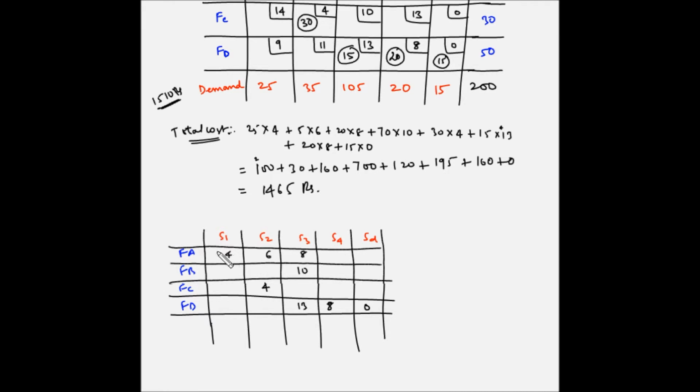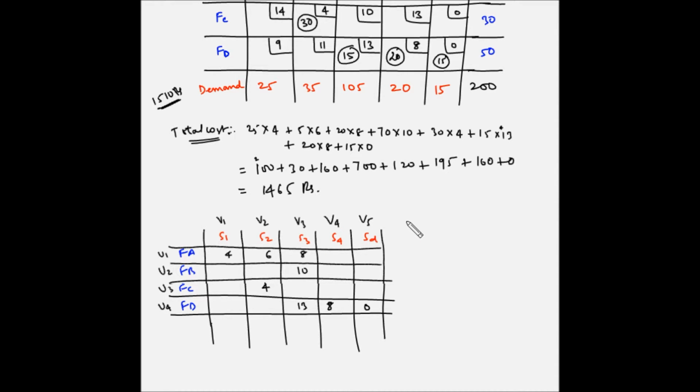Now the next step is to assign the variables ui and vj to each row and each column. So this is u1, u2, u3, u4, and v1, v2, v3, v4, v5.